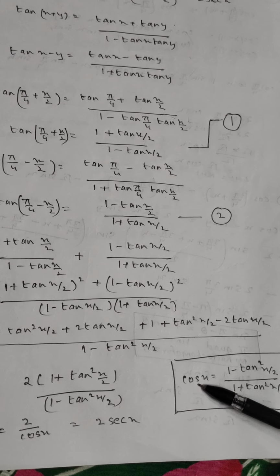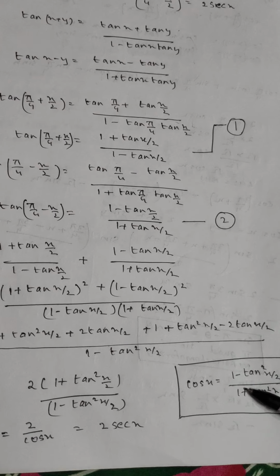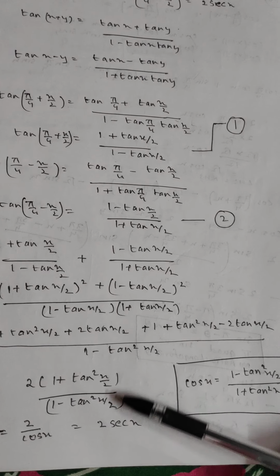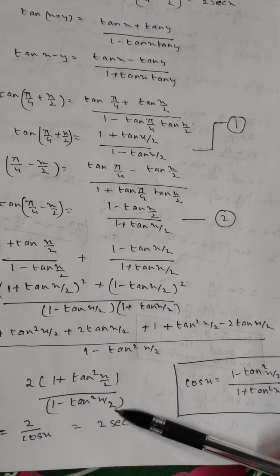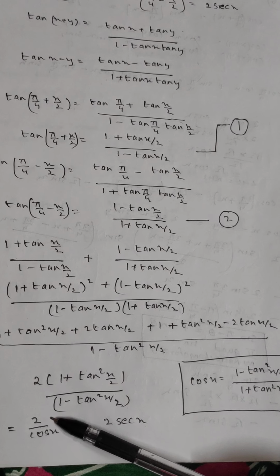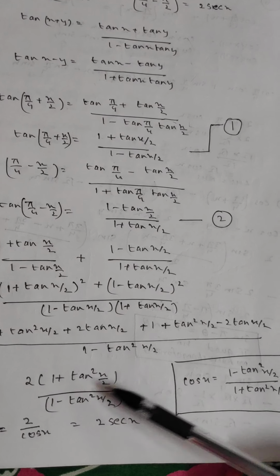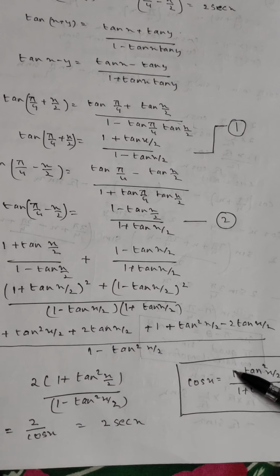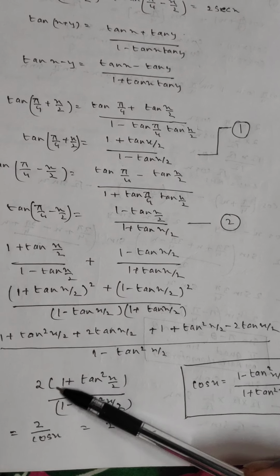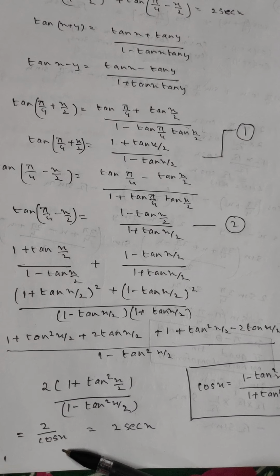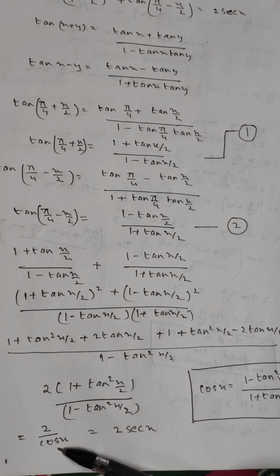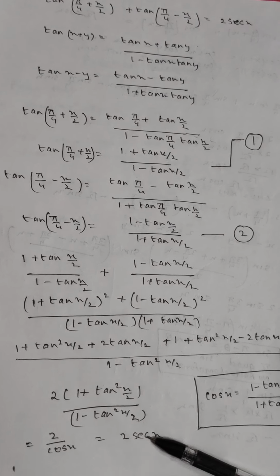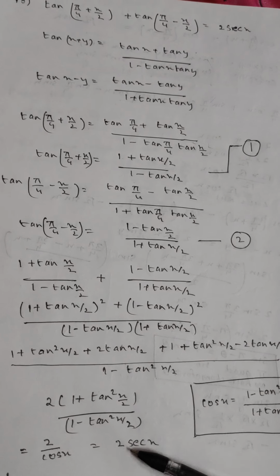In place of this we can put it, but this is reciprocal, so we have to write it as 2 upon cos x. Can you see, here plus is above and minus is below, and in the formula minus is above, plus is below, so it can be written as 2 upon cos x. And what is 1 upon cos x? Reciprocal of cos is sec x, so the answer is 2 sec x.